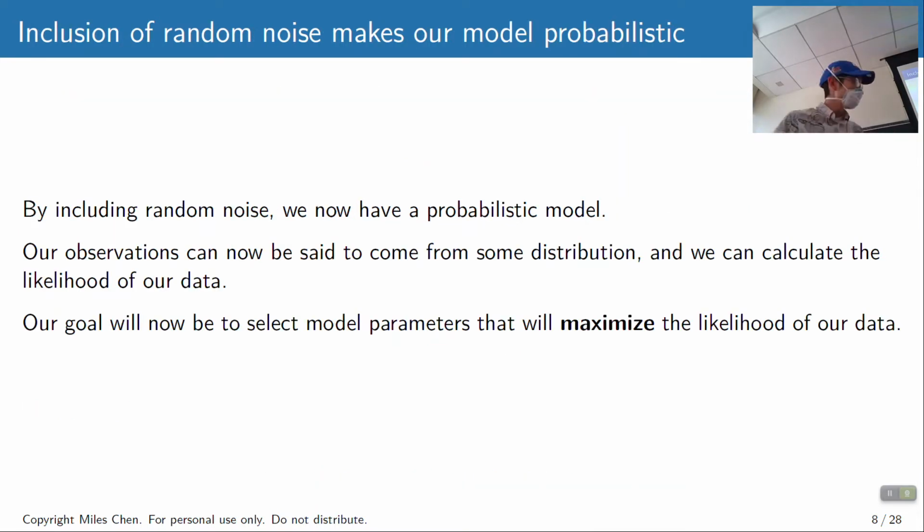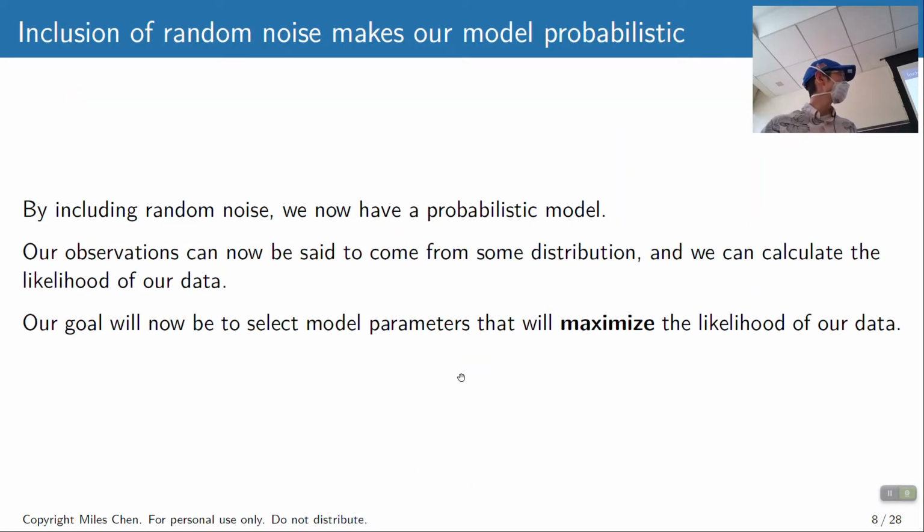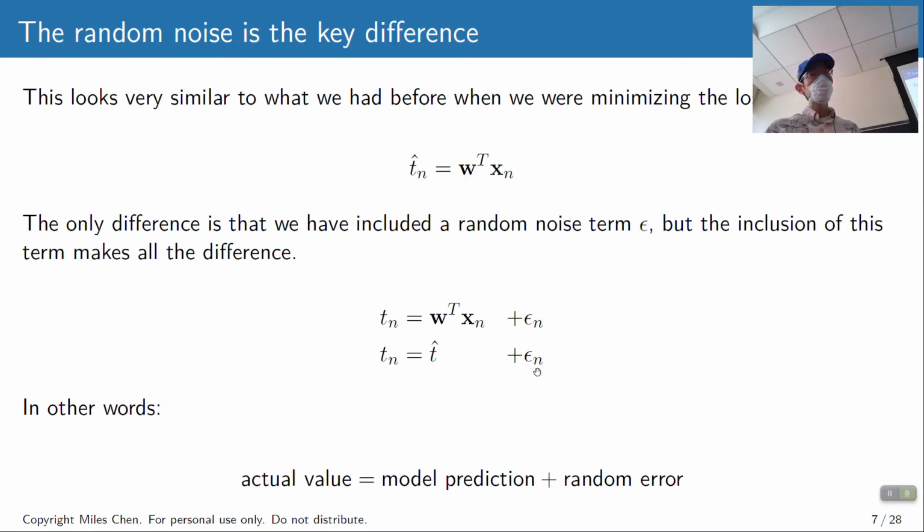But the key here is that now that we've included this random noise, this whole thing becomes probabilistic, because a probability distribution describes what our random noise looks like. That's basically what it means to be random. If it's random, there's some kind of probability distribution associated with it.